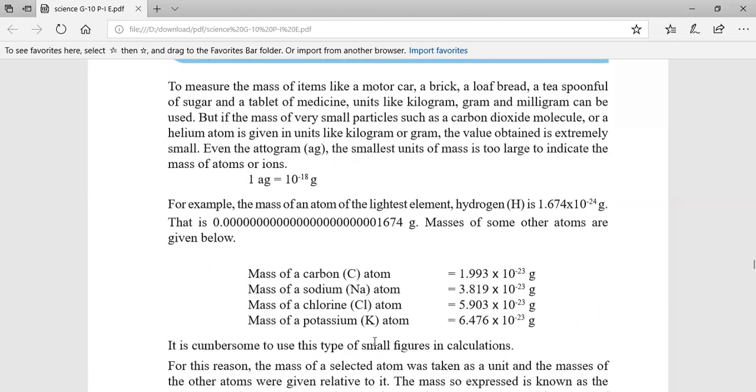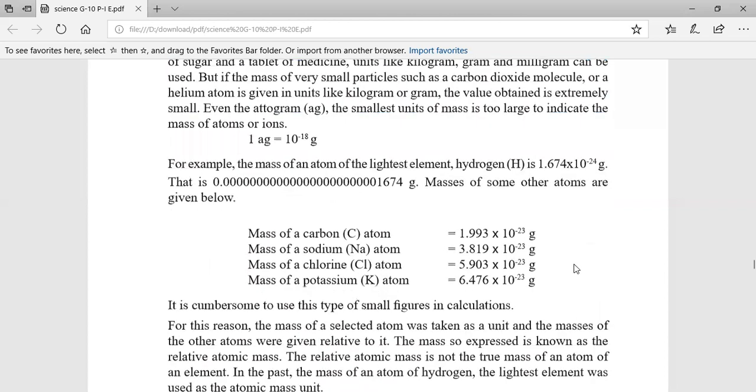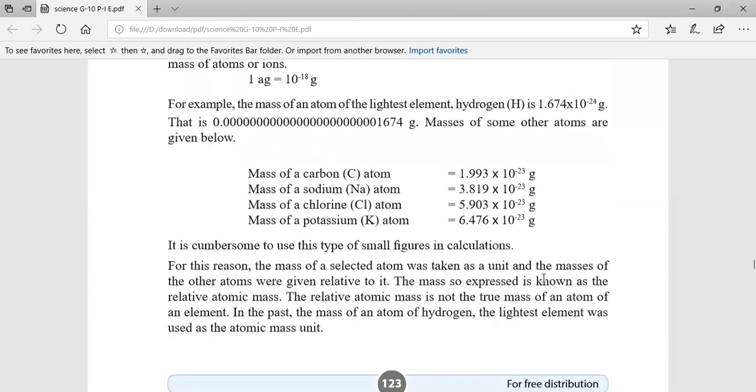Here are the values. These values are difficult to handle.